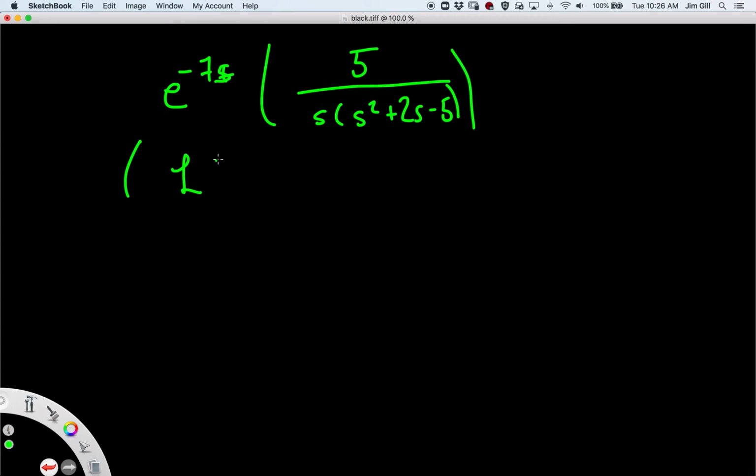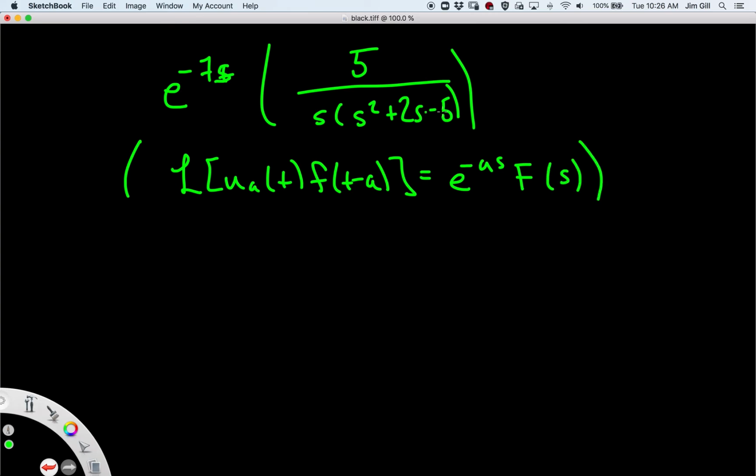Recall, the Laplace transform of a time shift is just a multiplication by an exponential. And we know this f of s is the Laplace transform of the original function f. So we know this function. We already did this one. Okay, so the full answer now is as follows.